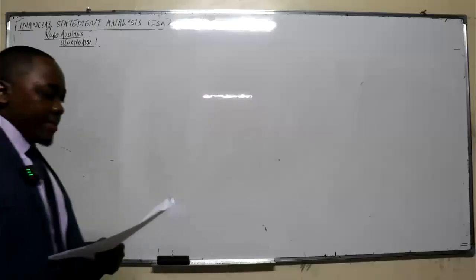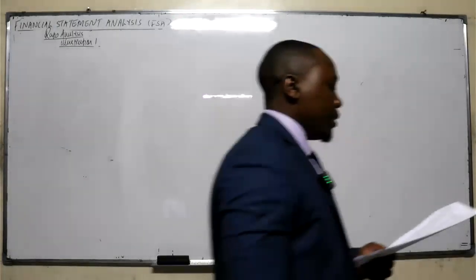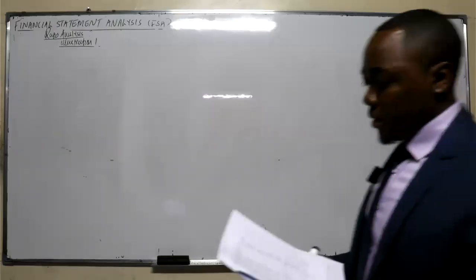Now, the following are the summarized financial statements of Bonoko Limited. So we have the income statement, we have the statement of financial position as at 31st of December. So we have 2015 and we have 2016.